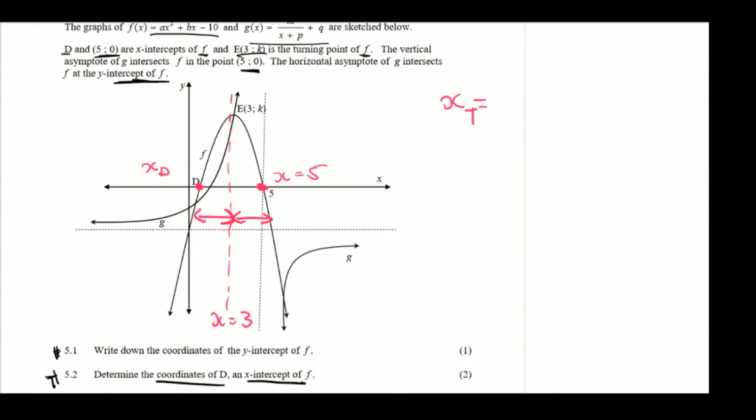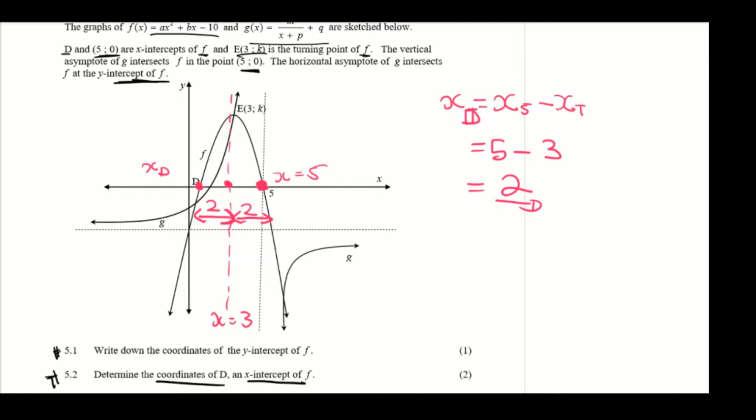So the x of 5 minus the x of the turning point gives the difference. The 5 minus the x value of the turning point, which is 3, gives 2. So we know very well that the difference is 2 between x equal to 5 and the turning point, and between the turning point and x of D.